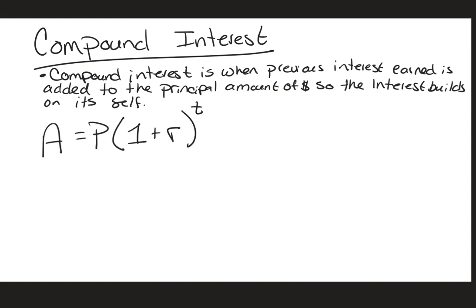Okay, here's the formula for compound interest. The letters still mean the same things. A is the account balance. Pay attention to that. On compound interest, it equals the account balance. It does not equal the interest. That's a big difference between the two. P is still the principal.